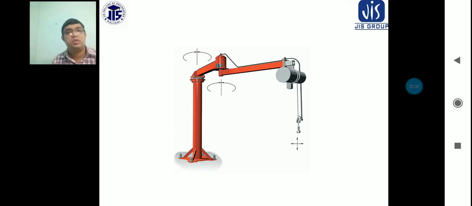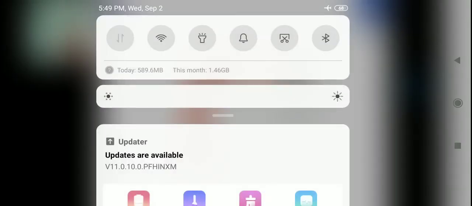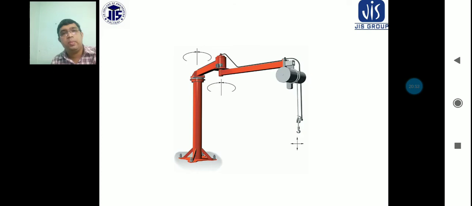You can see here is one crane, rigidly fixed, like a structure fixed to the ground by nuts and bolts. A few movements have to be considered: in the uppermost portion you have horizontal and revolving movement according to the vertical distance, and at this joint there is also revolving rotation.